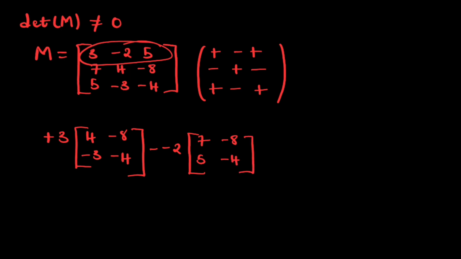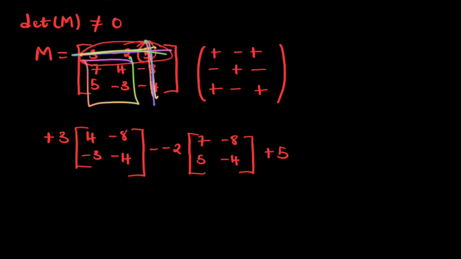We take the next number, 5. It's a positive number. We delete its row and column. We are left with 7, 4, 5, minus 3.